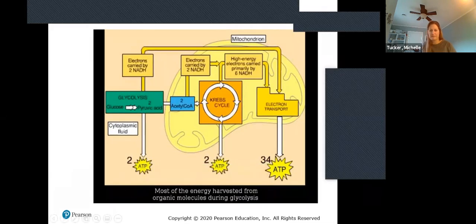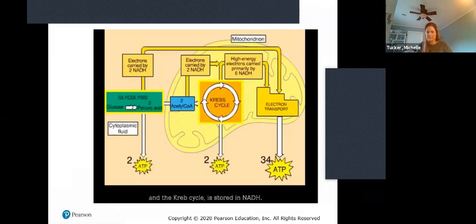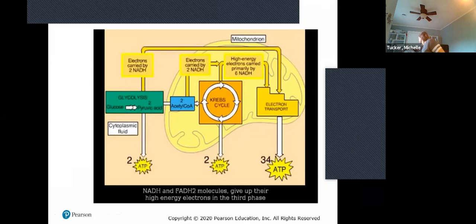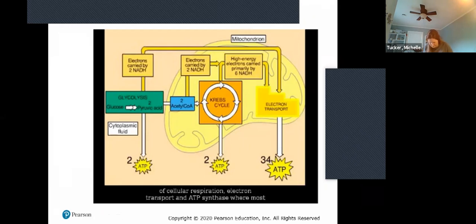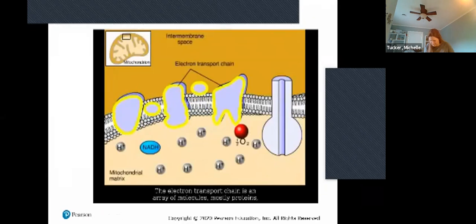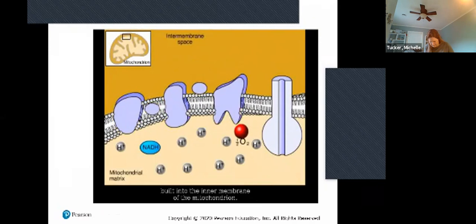Most of the energy harvested from organic molecules during glycolysis and the Krebs cycle is stored in NADH. NADH and FADH2 molecules give up their high-energy electrons in the third phase of cellular respiration, electron transport and ATP synthase, where most of the cell's ATP fuel is produced. The electron transport chain is an array of molecules, mostly proteins, built into the inner membrane of the mitochondrion.